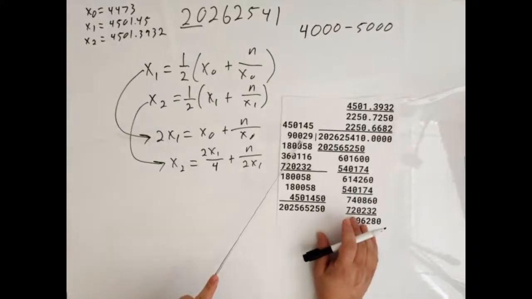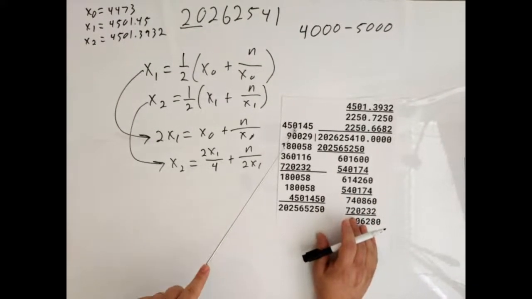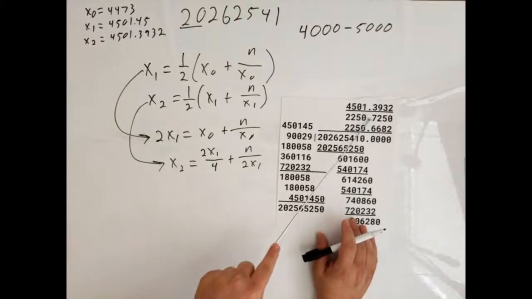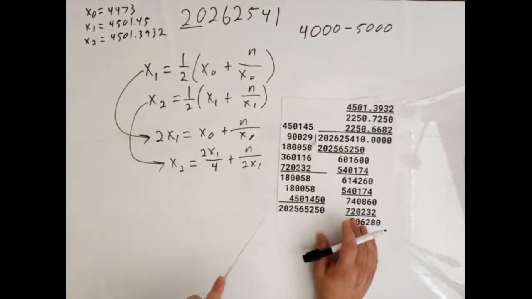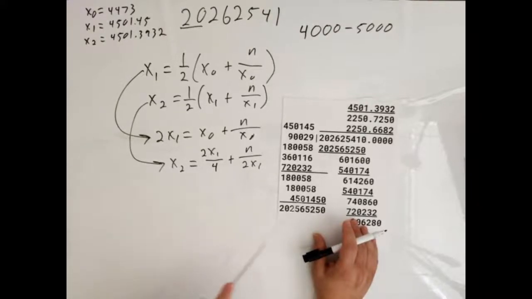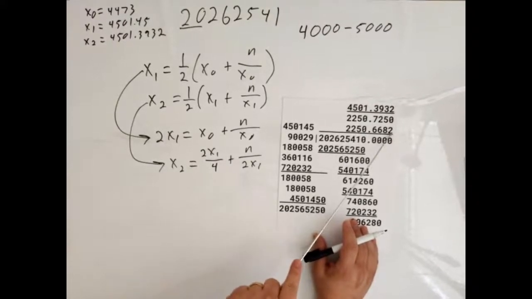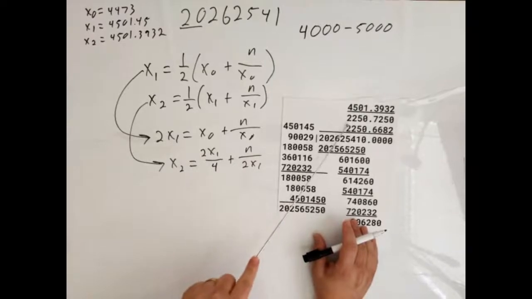This is 2x1. We divide it by 2 and divide it by 2 again to get this number here. And then we take n over 2x1. There's n. And this is 2x1. We actually multiply by 10, so we had to multiply this by 10 to do the division correctly. So we divide by n over 2x1, and we get that answer here. And then we've calculated 2x1 over 4, which is this.